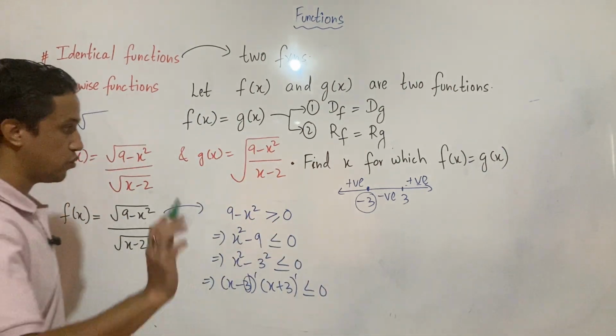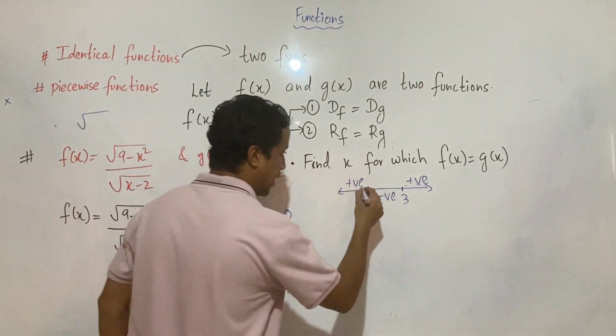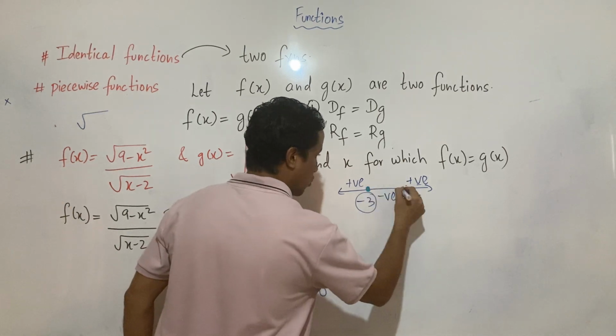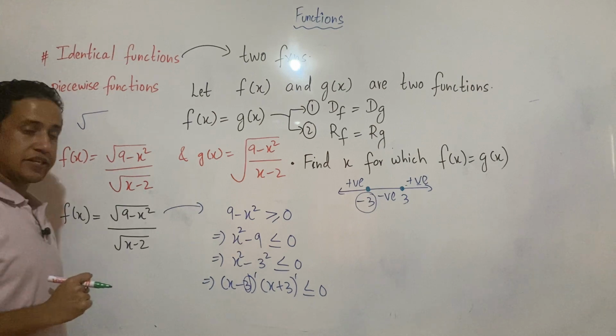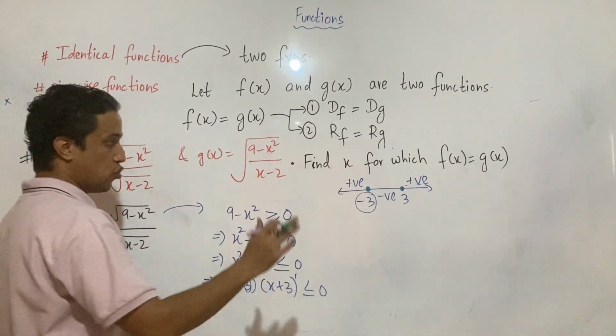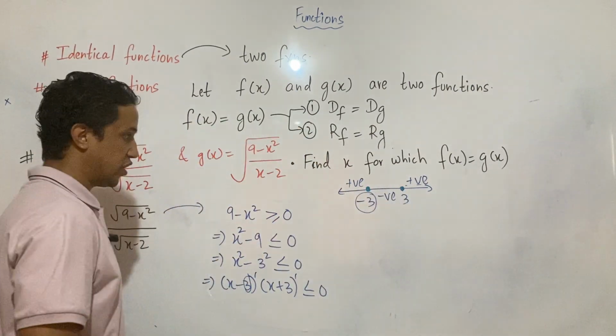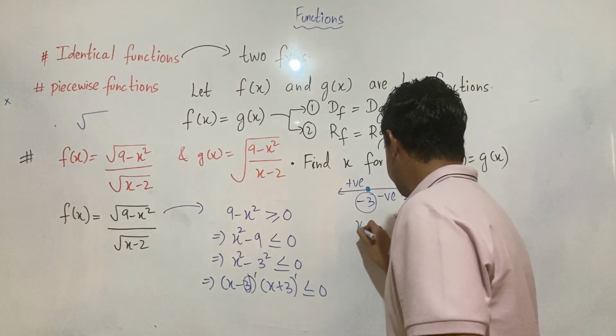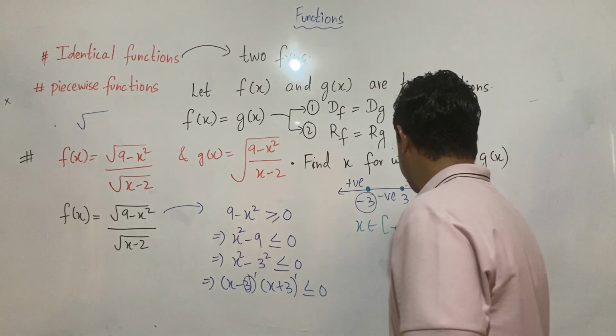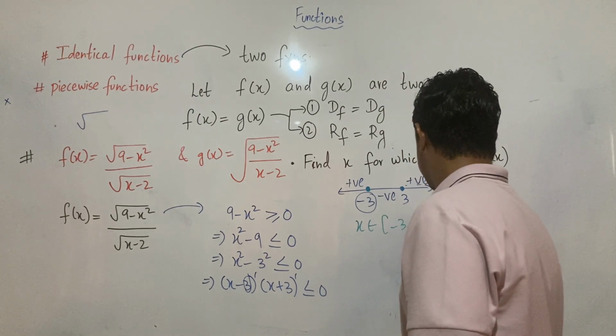Less than equal to 0 means we have to include these points, so solid dots, right? Less than equal to 0 means the negative interval. So it means that for the numerator, your x will belong to minus 3 to plus 3.